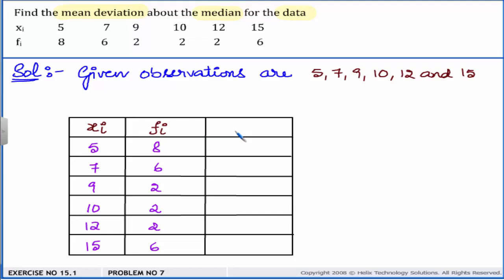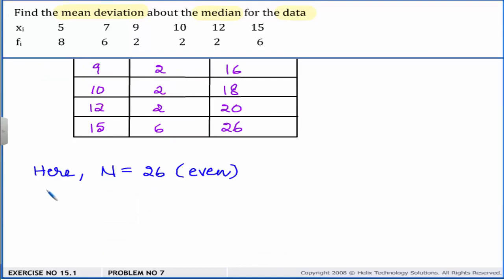Now let us add a row corresponding to cumulative frequencies to the given data. So we have 8, 8 plus 6 that is 14, 14 plus 2 that is 16, 16 plus 2 that is 18, 18 plus 2 that is 20 and 20 plus 6 that is 26.